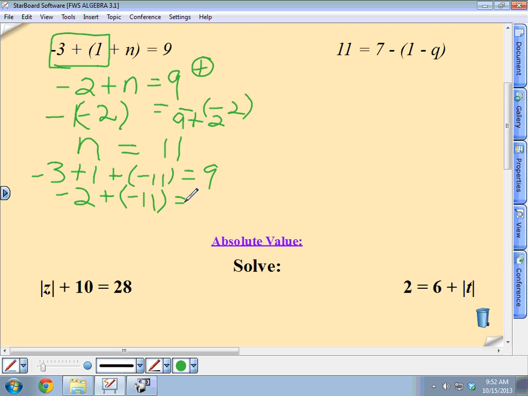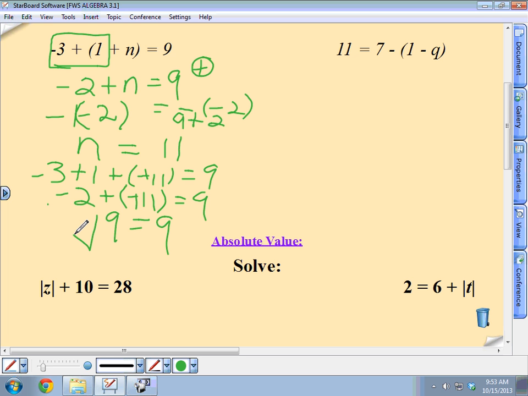Oh, I see. Why didn't 11 be positive? I put a negative 11. It's a positive 11, which equals 9. So 9 equals 9. Yes.